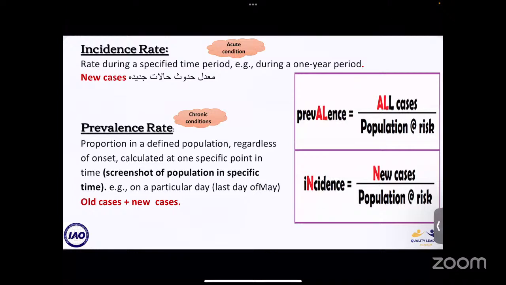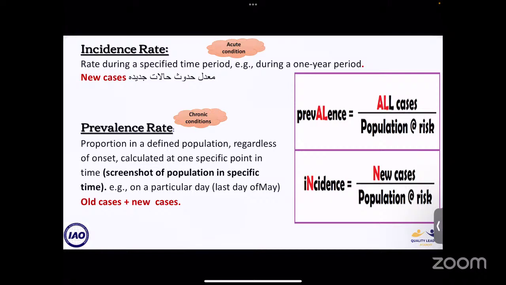Okay, moving on to incidence rate and prevalence rate. Incidence refers to the rate of occurrence of new cases of a condition within a specific time period. For example, if we want to calculate the incidence of COVID in 2021, 2021 is the specific time period.